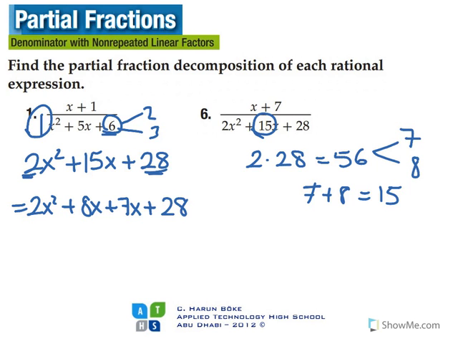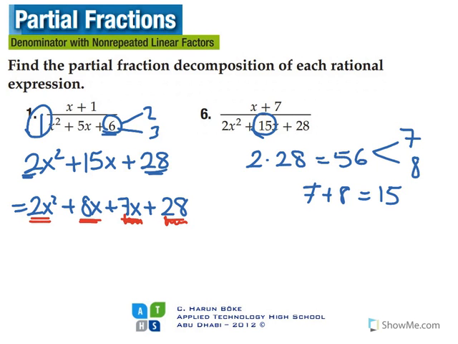Now you may ask, why did you write 8x here and 7x here? Well, it's common sense, because the next step is to group these for common brackets. The first two will be one group, and the last two another group.